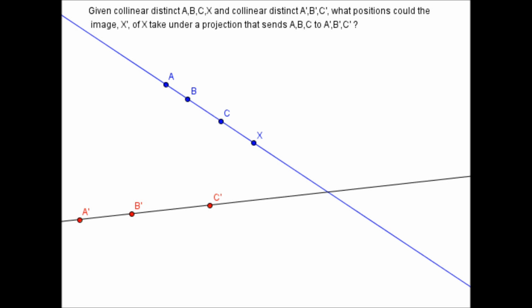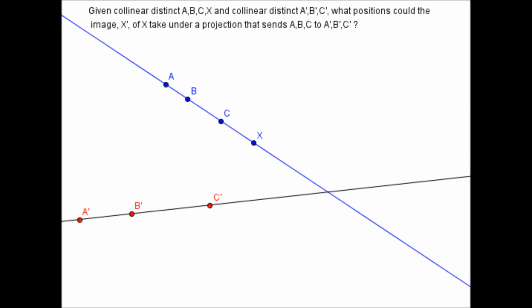Or is it the case that the position of the image of X is already predetermined once we specify this information about A, B, C, A dash, B dash, C dash? So to think about this, we're going to look at a particular way that we can do a projection from A, B, C, X to A dash, B dash, C dash, X dash.